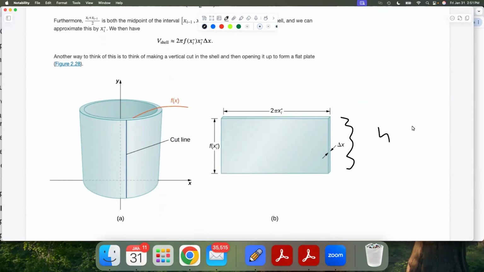In this case, that's just the function value right there. And what's the length here? Well, that's just the circumference going all the way around. And circumference, of course, is 2 pi r. What's r? That's my x value where I built this thing.